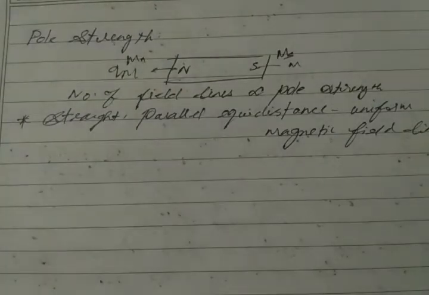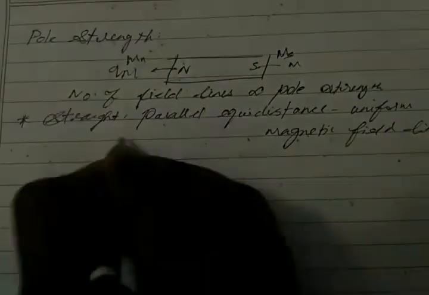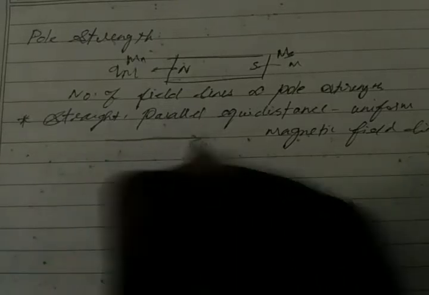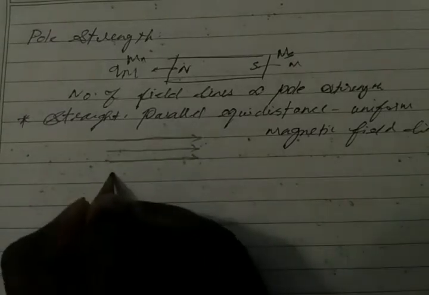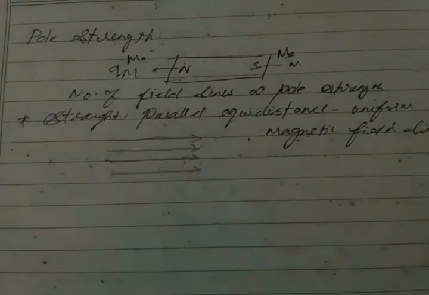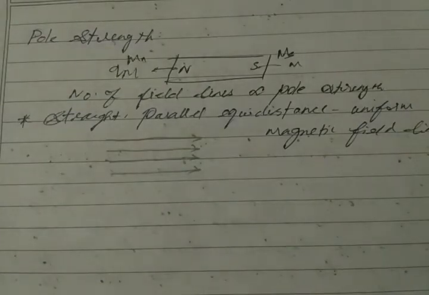Okay, uniform magnetic field lines, which are straight and equidistant. The distance between two field lines is the same, and they are parallel with each other. So these kinds of field lines are known as uniform magnetic field lines.